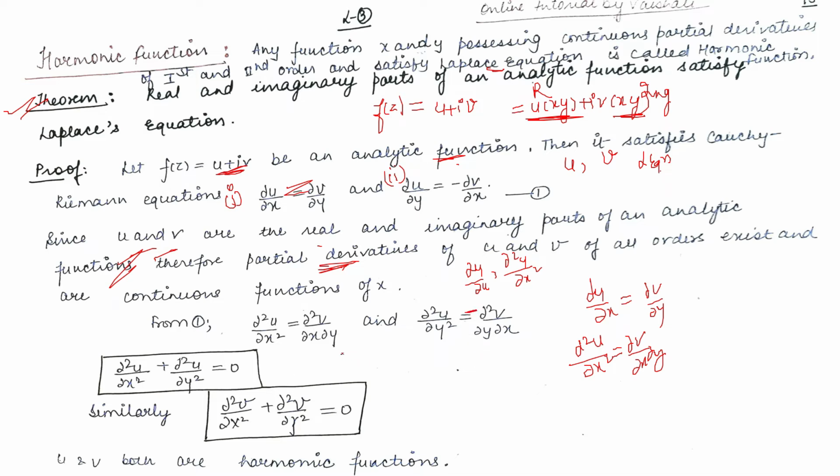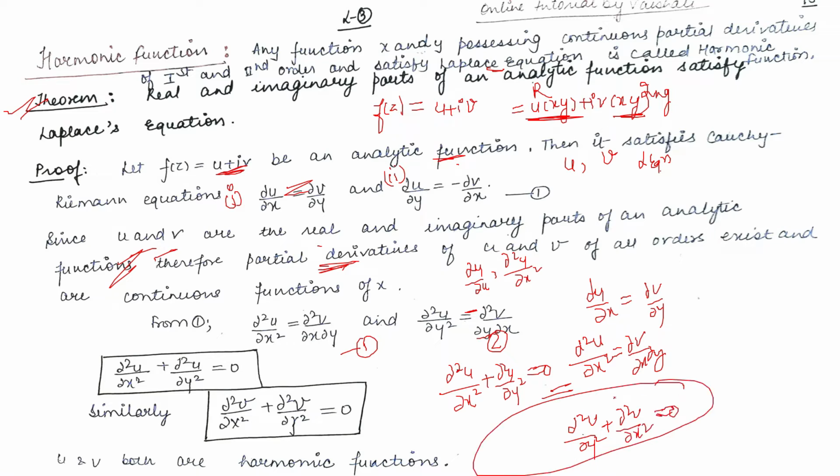When we add these two, I get del 2u upon del x square plus del 2u upon del y square equals 0. Similarly, if I do it for v, I get del 2v upon del x square plus del 2v upon del y square equals 0. So if u and v satisfy the Laplace equation, then we say u and v are harmonic functions.